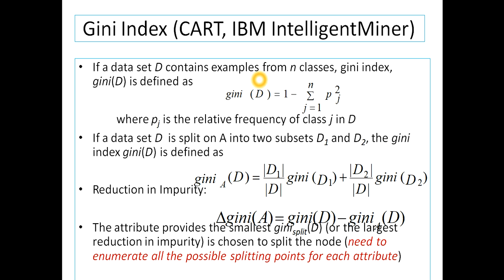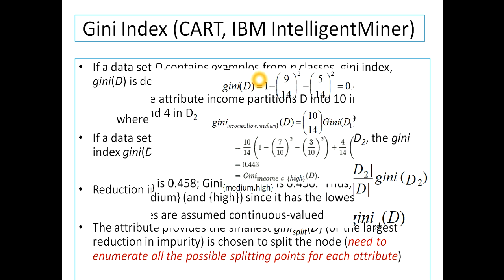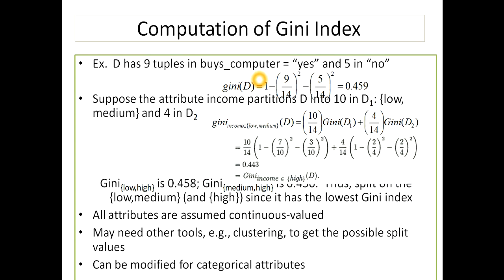So we need to enumerate all the possible splitting points for each attribute. From the previous example, you can apply the same thing: calculate the Gini index for income low, medium, and so on, and whenever you find the smallest value, you will select that node for splitting.